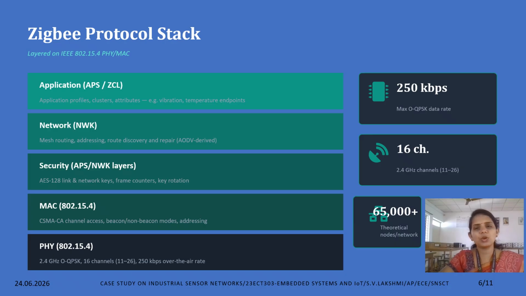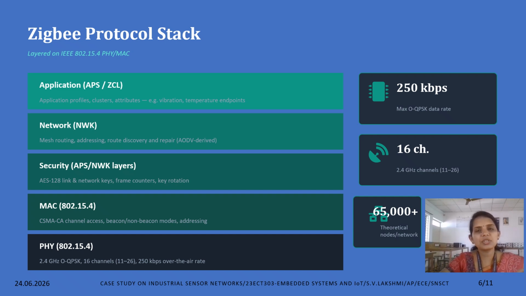The Zigbee protocol stack. So how does this work? The layers are physical, MAC, security, network, and the application layer. The system architecture consists of the sensor nodes. We have various parameters to be monitored, and accordingly we use temperature, humidity, vibration, gas, and other sensors, along with the microcontroller and the transmitter.